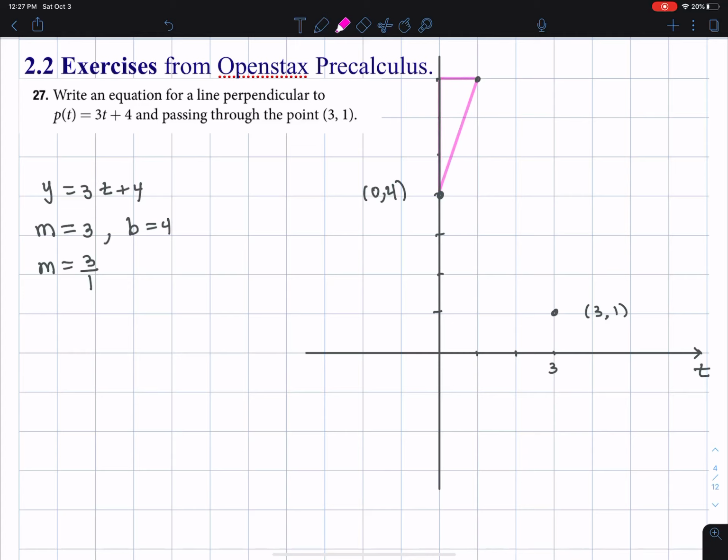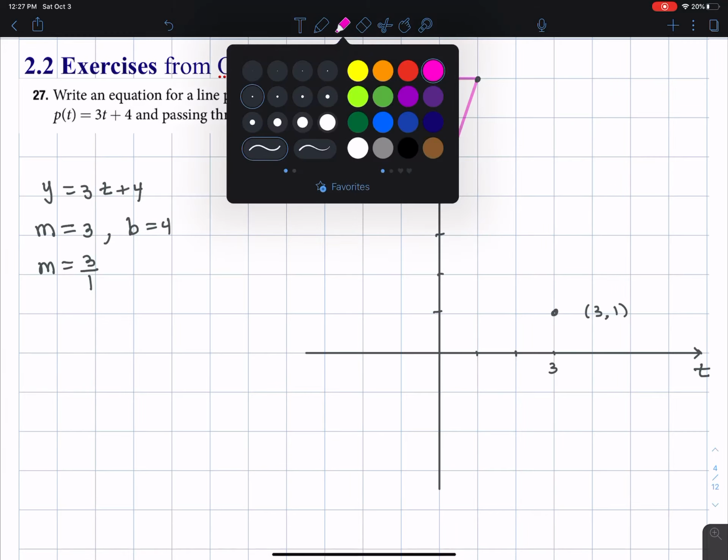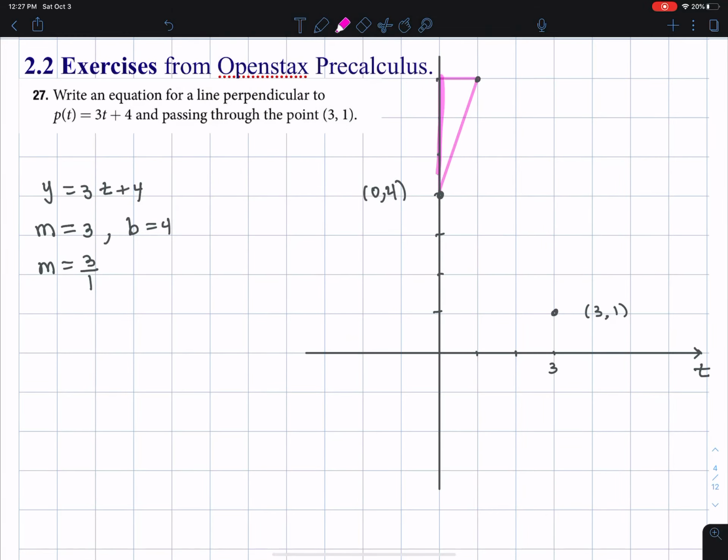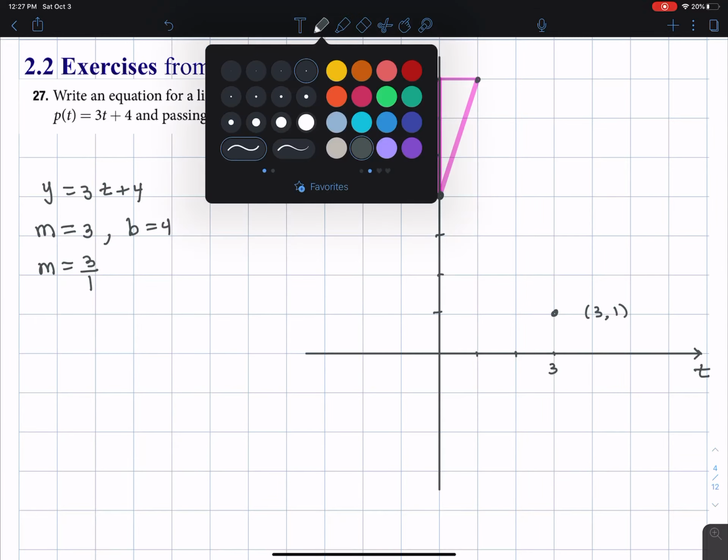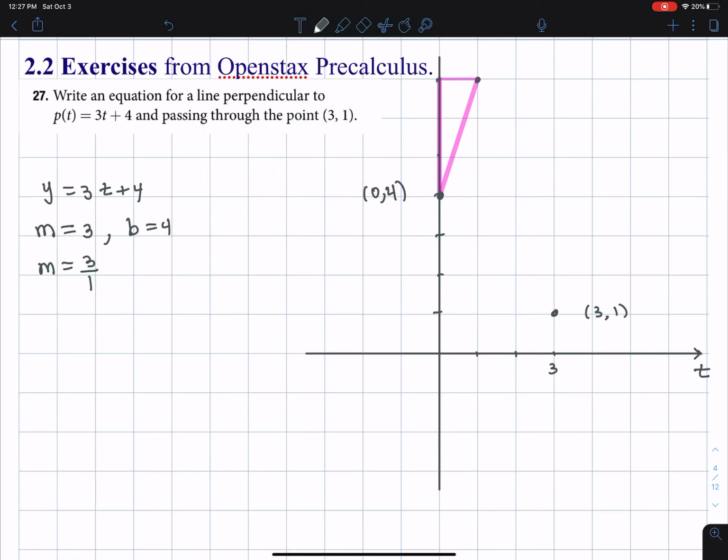It looks sort of messy when I do that, but anyway, maybe it was good, actually. And so that gives us our original line, the line given by P of t.